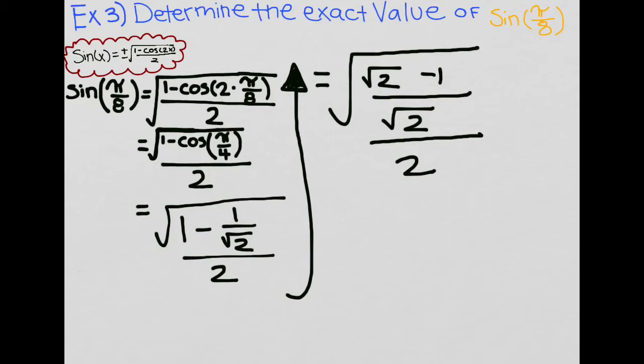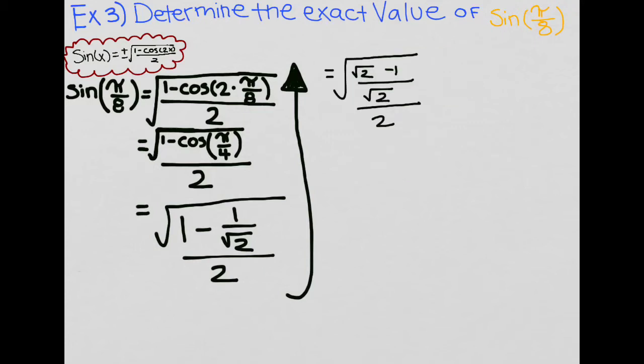Now, for the last step, we're going to get rid of the denominator. In order to get rid of it, we would multiply the numerator, so square root 2 minus 1 over square root 2, by 1 over 2.